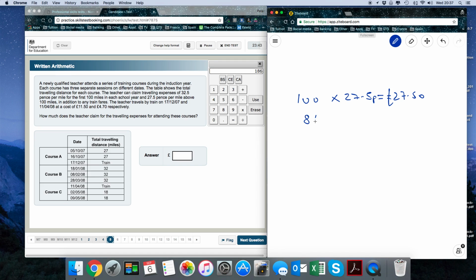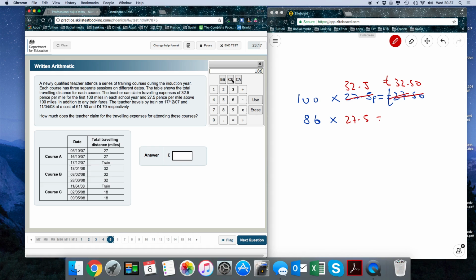So it should be obvious that the extra 86 miles are charged. Oh, I've actually read that slightly wrong. Now I'm reading it a bit more carefully, I can adjust my answer. That's not a problem. That should have been £32.50, because it's 32.5 for the first 100 and it's 27.5 for these miles. Now that's a much more tricky calculation.